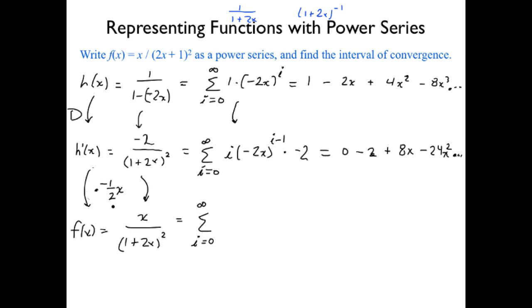So notice the negative 1/2, we'll just make that go away, right? Negative 1/2 times negative 2 will be gone. And then we'll also have one more x. So how will that change this? We'll have I times. We've got to be careful here, all right? Because we still want I minus 1 negative 2's, but we want one more x.